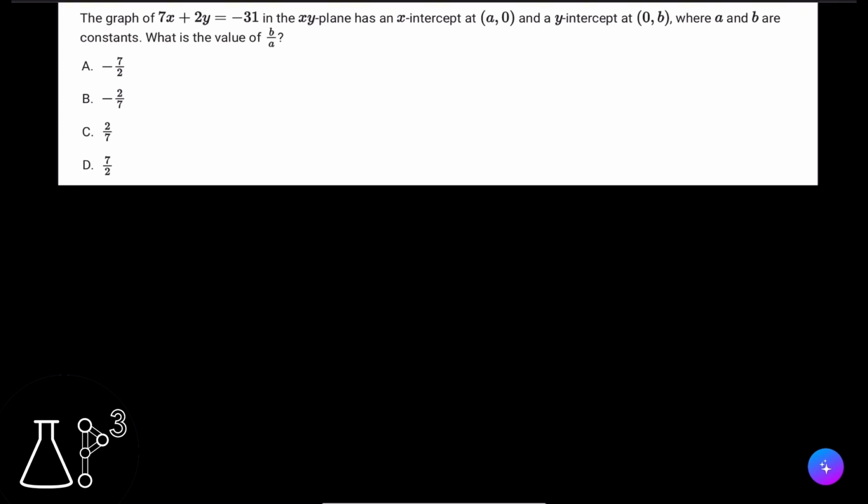Well, I'm going to give you the equation given. We have 7x plus 2y equals negative 31. And I'm given that our x-intercept is (a, 0) and my y-intercept is (0, b), and we're looking for the value of b divided by a.